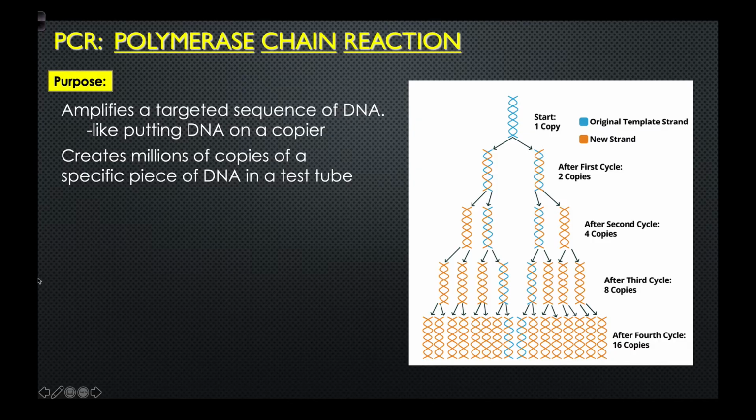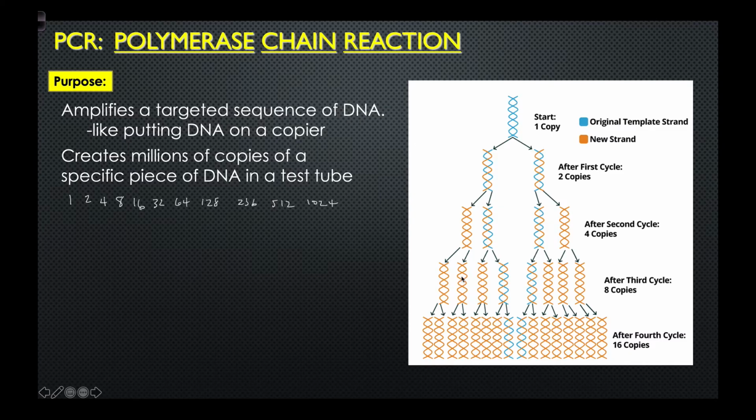So think about this for a second. Imagine I had 1 piece of DNA and I need to make a lot of that DNA, and I have a process which doubles it each time it goes through a specific set of steps. So therefore, I would go from 1 to 2 to 4 to 8 to 16 to 32, 64, 128, 256, 512, 1024.